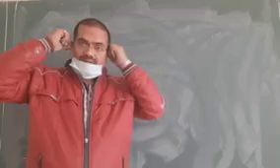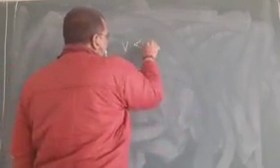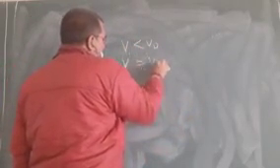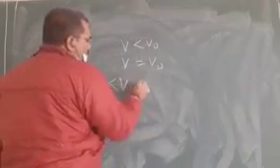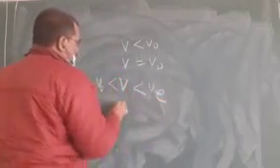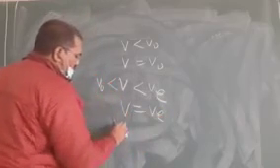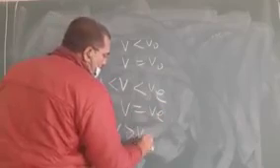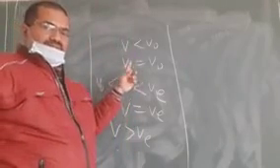Now we move on to the velocity of the satellite in different modes: V less than V naught, V equal to V naught, V greater than V naught but less than escape velocity, and V greater than or equal to escape velocity. These are the parameters of the satellite.